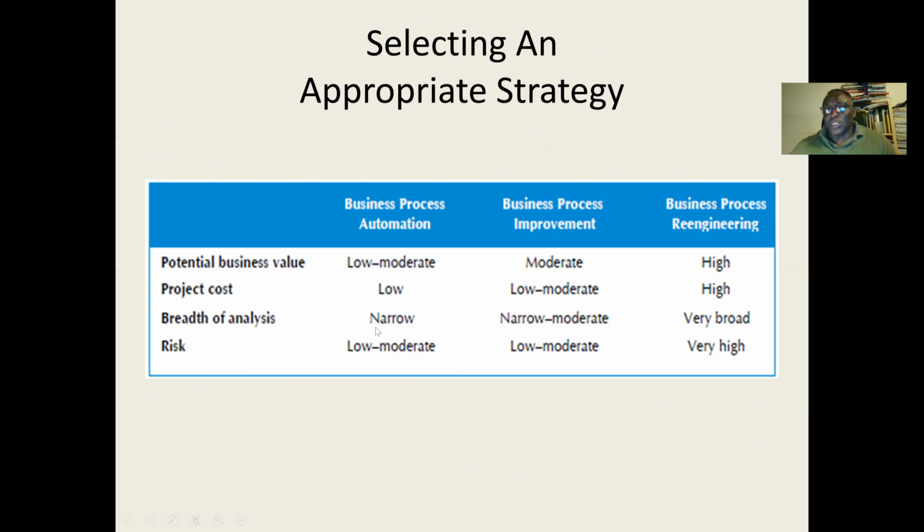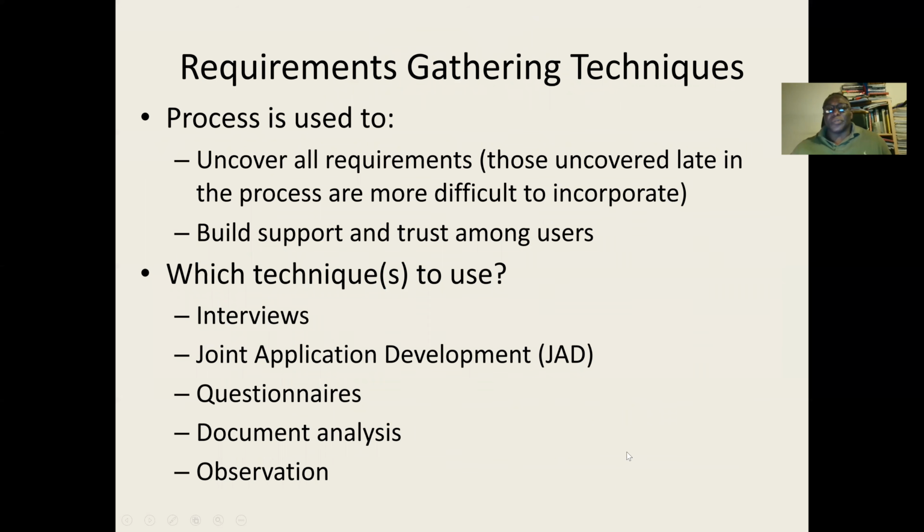Since we are not changing much, business process automation will be narrow, and the risk will be almost nothing because we are still using the existing system. Business process improvement, the same thing, we are still using the existing system. But with business process reengineering, since we are developing a new system, the risk will be high, especially if we are using a new technology.